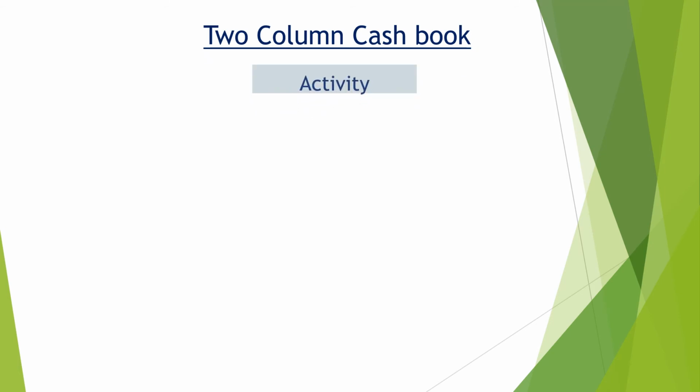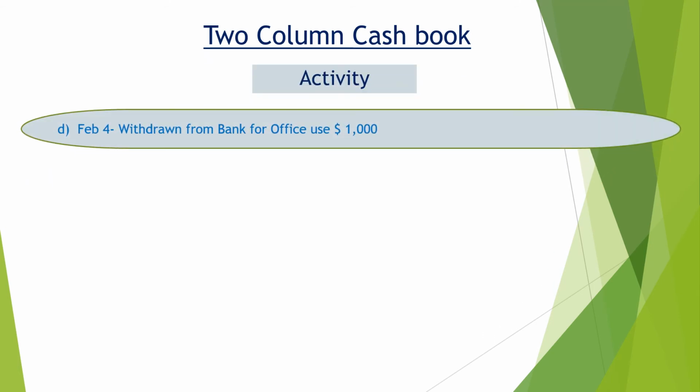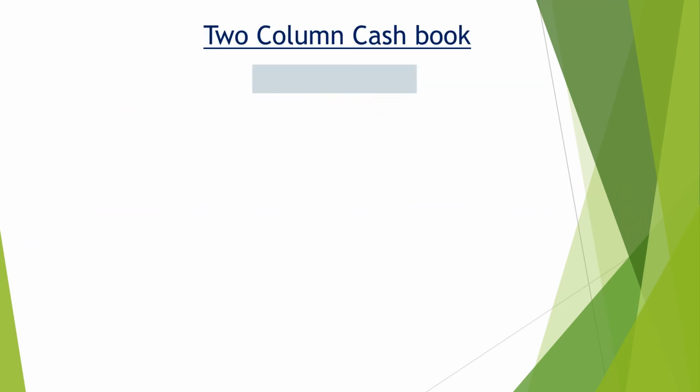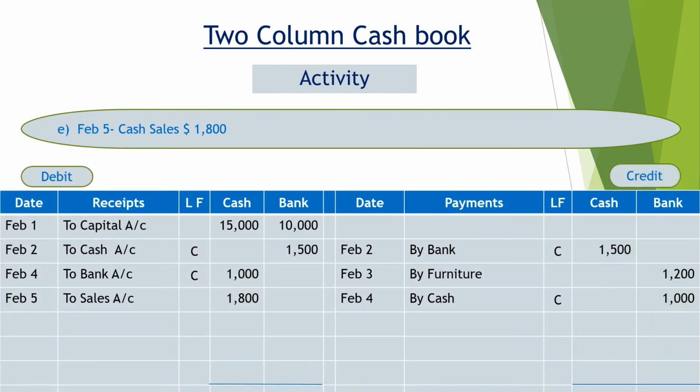If we go to the next one, again a contra entry. This time cash increased and bank decreased. Example number E.